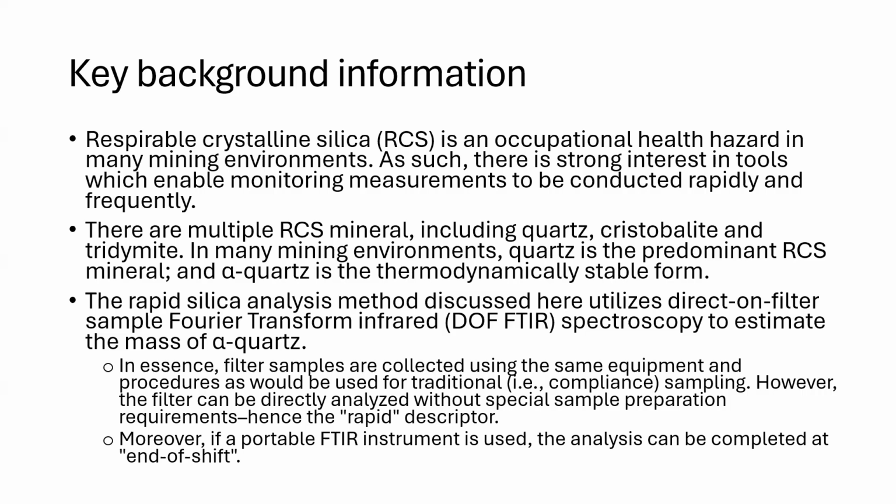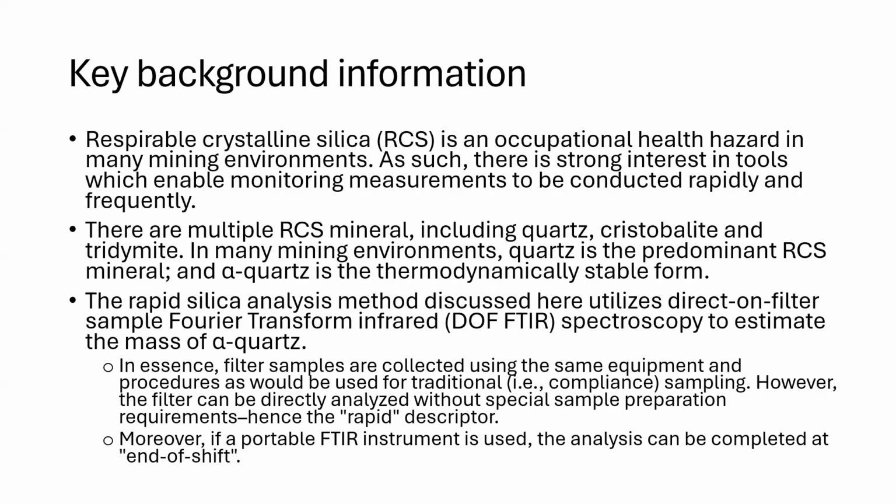The rapid silica analysis method discussed here utilizes direct on-filter sample Fourier transform infrared, known as DOF FTIR, spectroscopy to estimate the mass of alpha quartz. In essence, filter samples are collected using the same equipment and procedures as would be used for traditional, that is, compliance sampling.